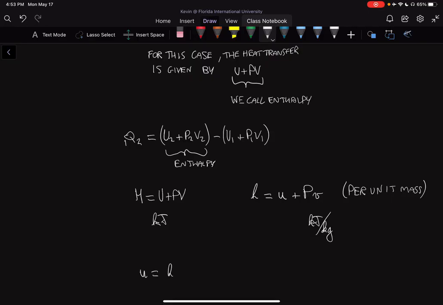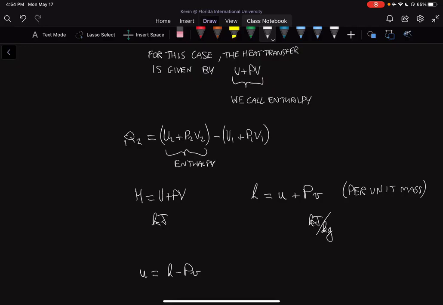So we usually have enthalpy in our tables, and then we work back to find the internal energy. Luckily for us, we already have the internal energy in the table, so we can separate the two.